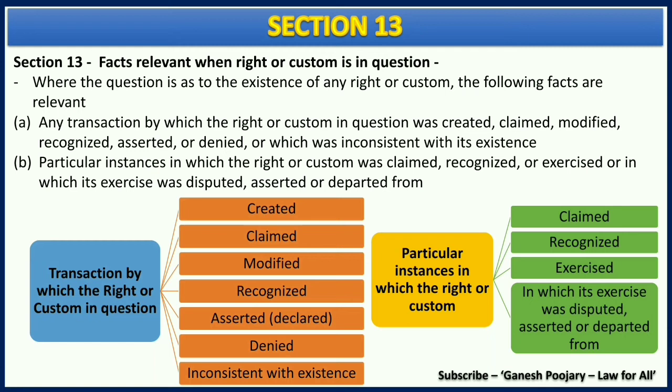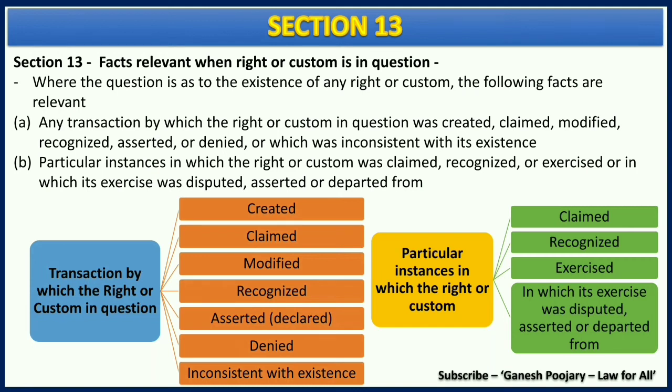It may be inconsistent with the existence of whatever he has told, and the same with custom. If they are saying this is our custom, and when they check there is any inconsistency with the way the person has explained, that also becomes a relevant fact. All these 7 matters become relevant facts when there is a question on the right or custom.